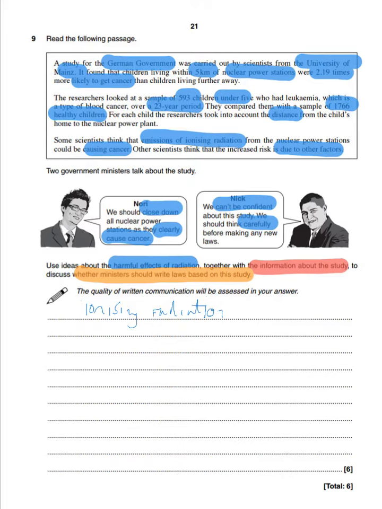Then we would go on to information about the study. Actually, no, we might do something else. I'm just thinking we might get a bit more in here, because just making one point probably isn't enough. So, harmful effects of radiation. We could talk about, and I think this has been common in a few papers that we've done before, contamination, irradiation.